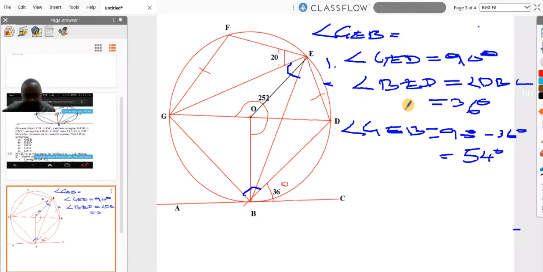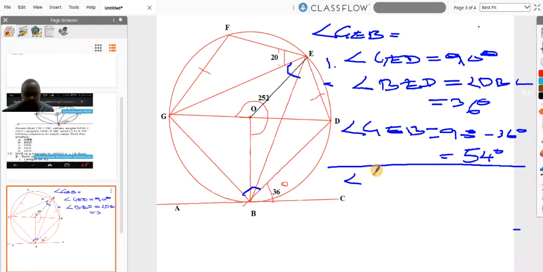Alternatively, I've seen that this tangent is a straight line. ABC is a straight line, and you know that the sum of angles on a straight line is 180. Now this diameter still subtends an angle at point B. So angle GBD, this is another way you can find that answer.